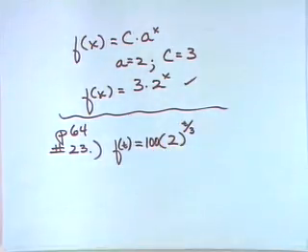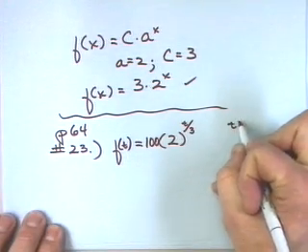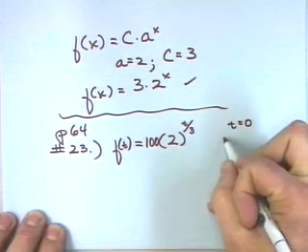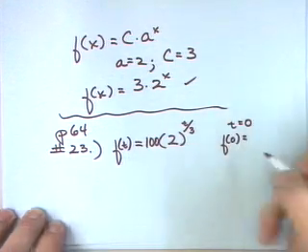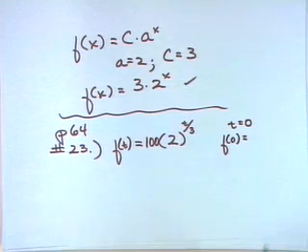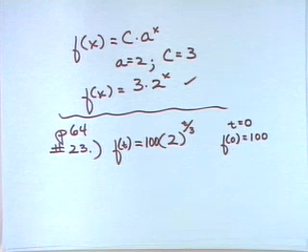And that's our function of t, or capital P of t, whatever you want to call it. There are a couple of points you can plug in here to make sure they work. At time 0, F of 0 should be 100. Does that work in this equation? Do we initially have 100 bacteria? That works.